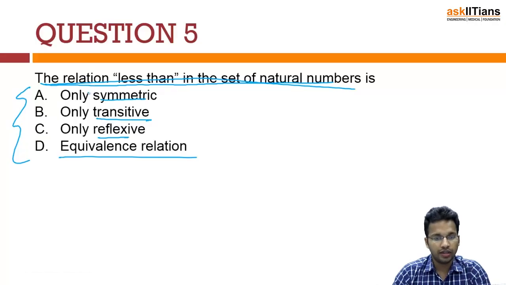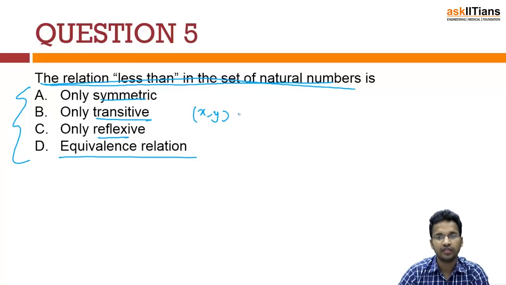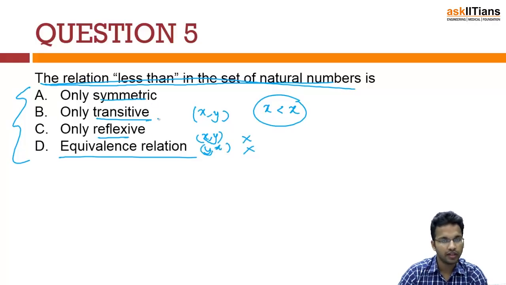And if (x, y) is there, so if x is less than y, obviously x cannot be less than x, right? So this is not reflexive. If I am going for x less than y, then y less than x is not possible, so not symmetric. So obviously we don't need to check for transitive, as this is the only option which will be true. Why? Because this is not there, this is not there, this won't be there.